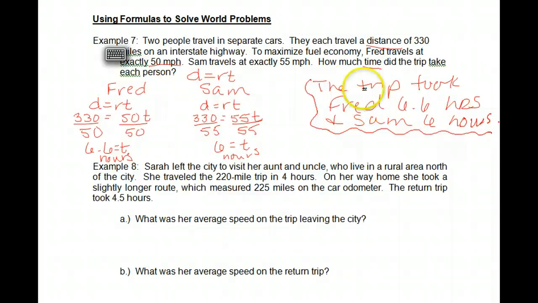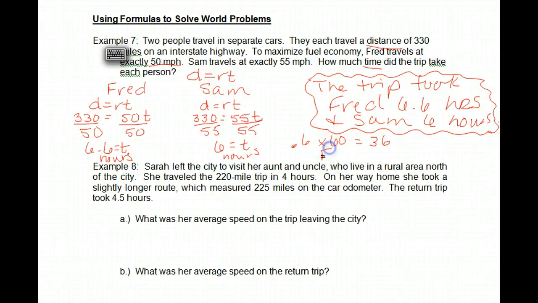Okay? If your directions don't specify, you could probably get away with writing your sentence like that, and it would be okay. But if the directions do tell you to convert to hours and minutes, you will need to take your 0.6 and multiply that by 60, because there are 60 minutes in an hour, and you will find that that is 36.